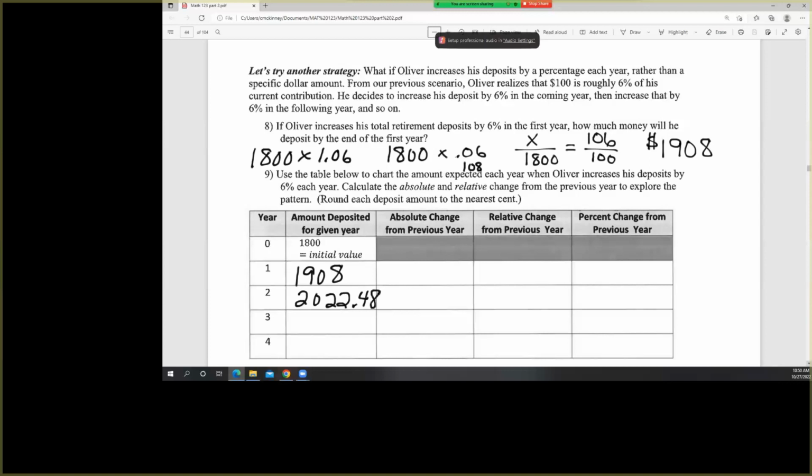Notice it's not still based on the 1,800. Now we're doing times year one, and then we would take that times the next year. And of course, as it says in the directions, we're going to round the deposits to the nearest cent.